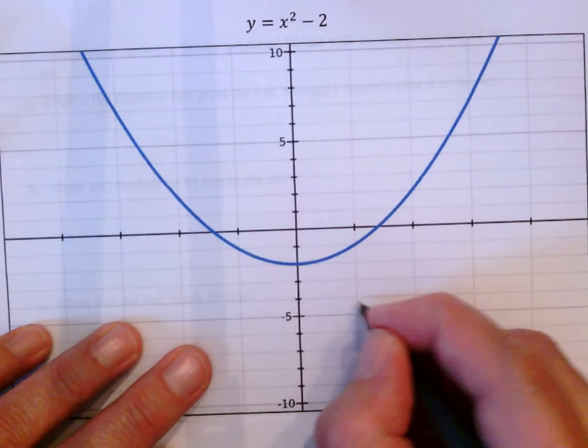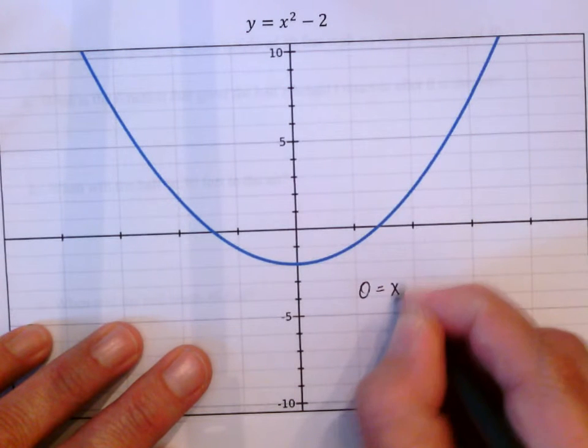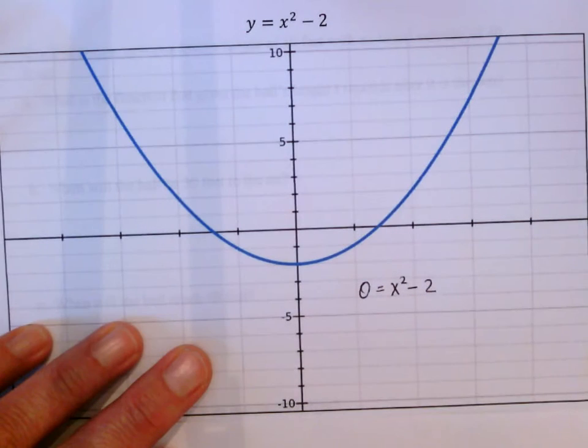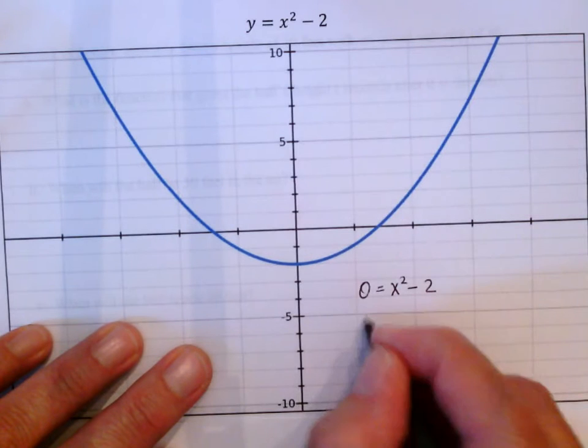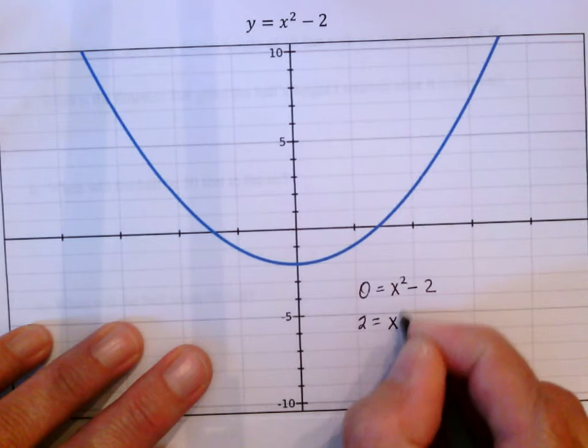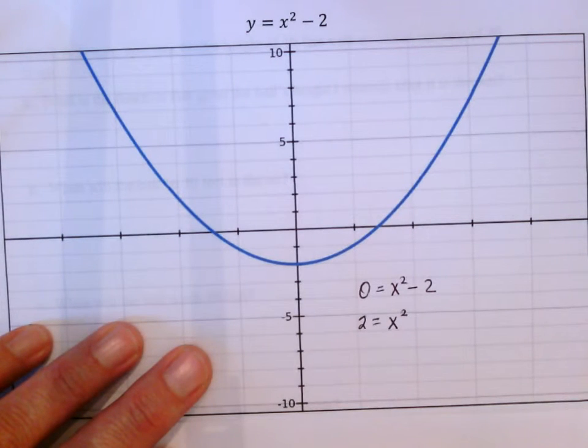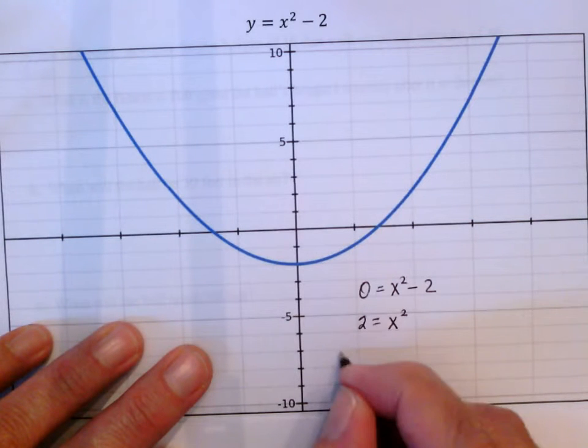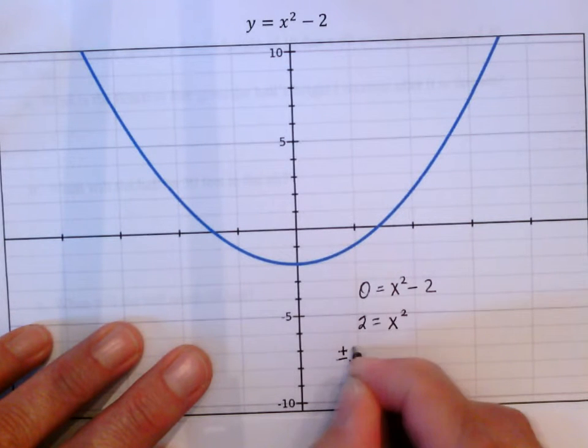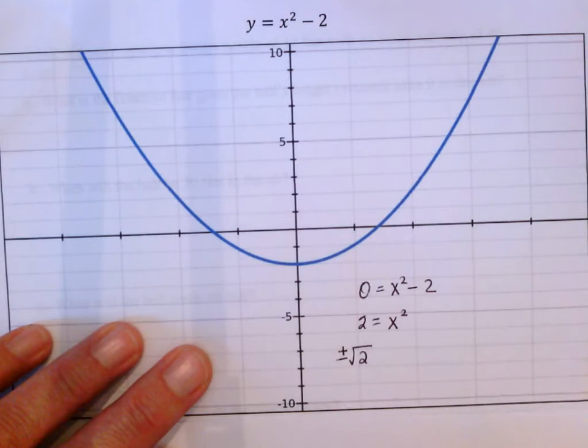In our third example, we have a little bit less work to do. When we substitute 0 for y this time, we see there's no x term, and so I can shortcut my procedure here by just saying, well, this means that 2 equals x squared, and I can take the square root of both sides. Just remember that you need to get both square roots, so plus or minus the square root of 2 would be the solutions for x.